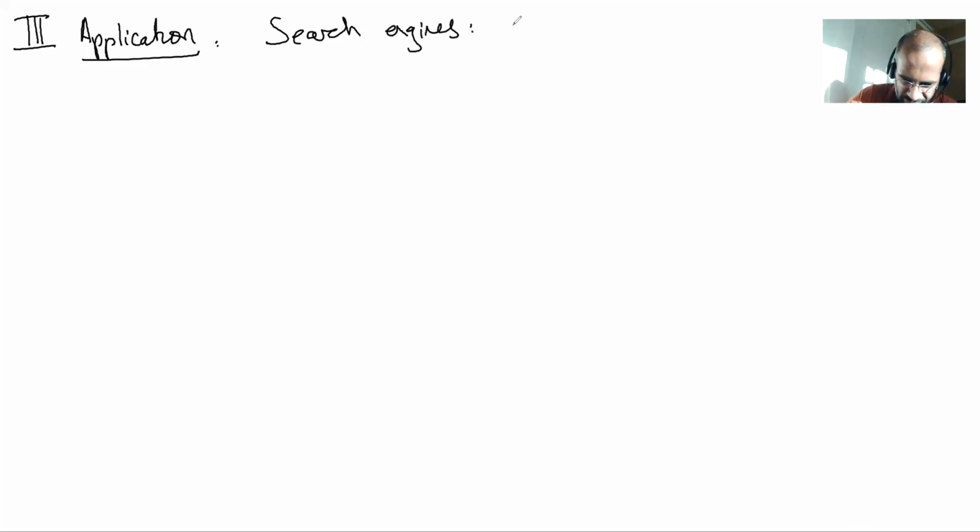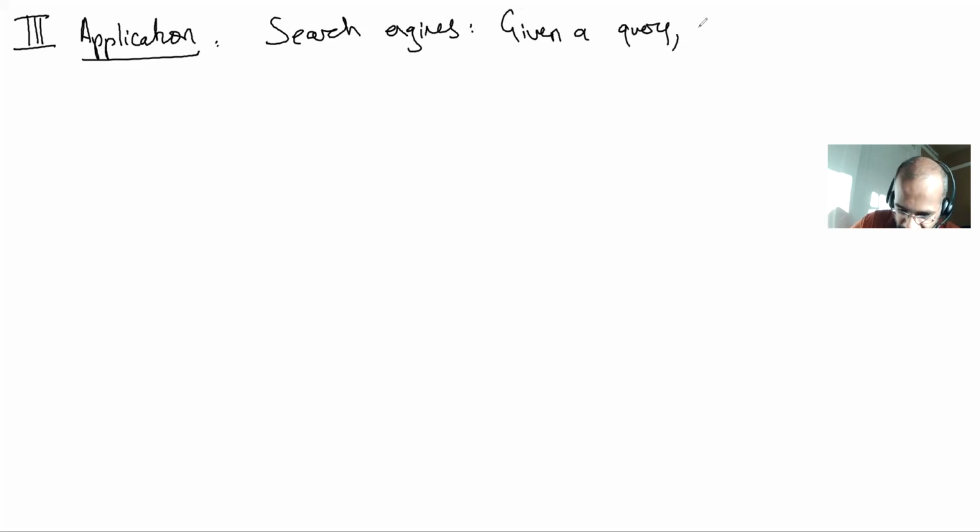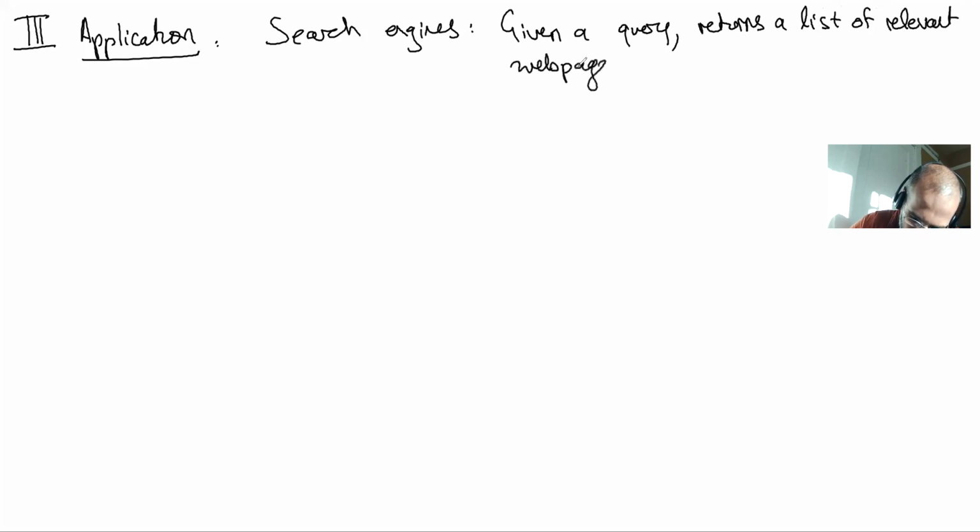It's software that, given a query, returns a list of relevant web pages, sorted by importance. And sorting by importance is very important because the internet has a lot of web pages, and the whole point is to rank them correctly, right?